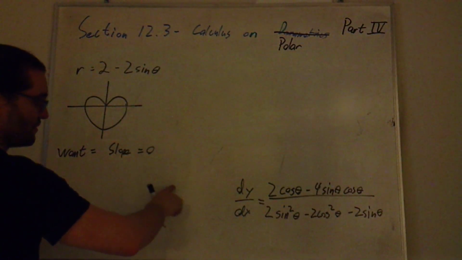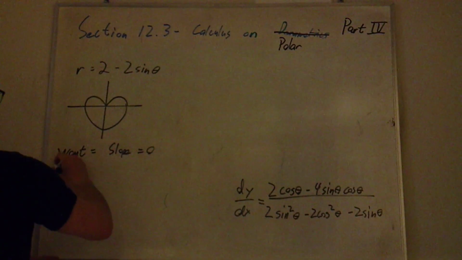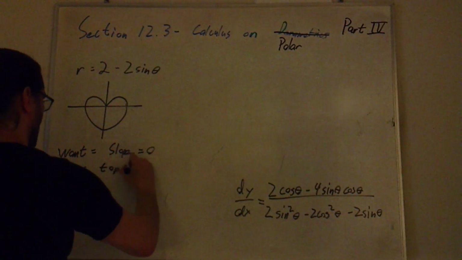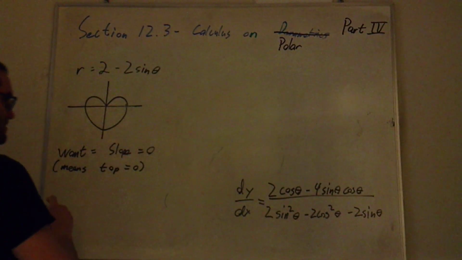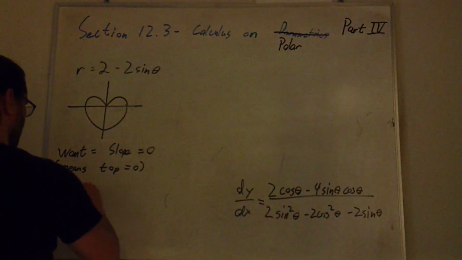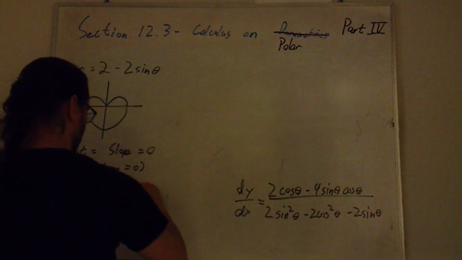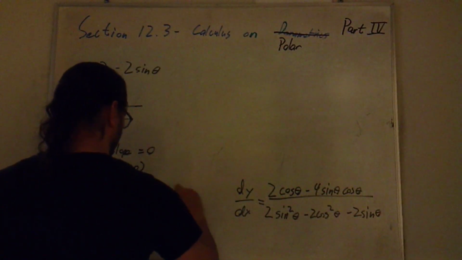I'm going to set the slope equal to 0. Again, that means set the top equal to 0. And so we get 2 cosine theta minus 4 sine theta cosine theta equals 0.